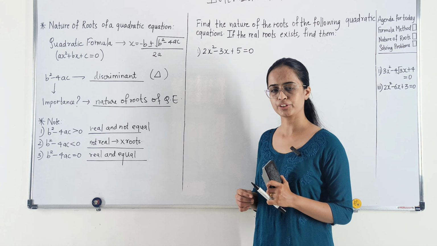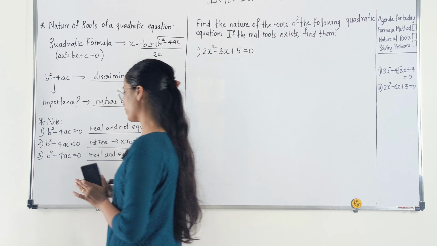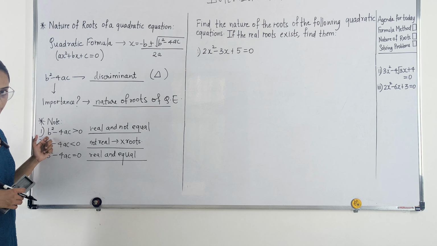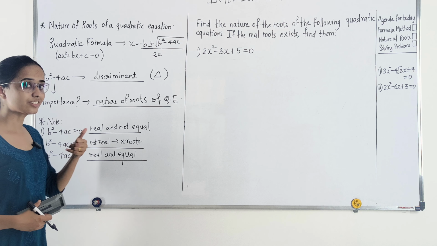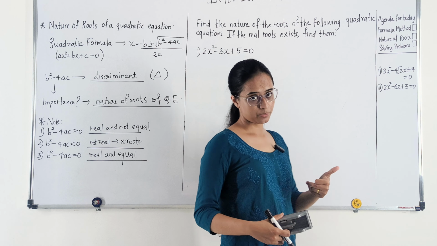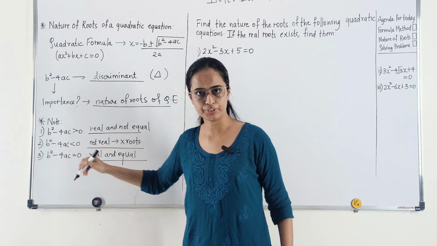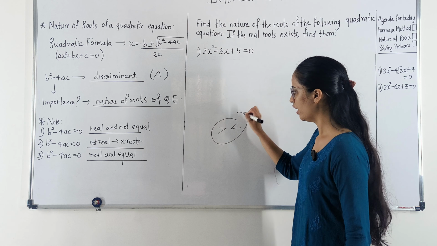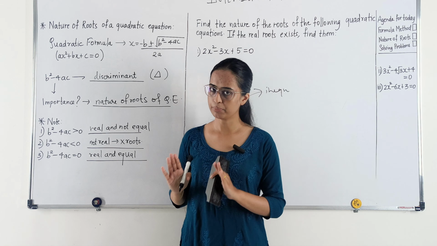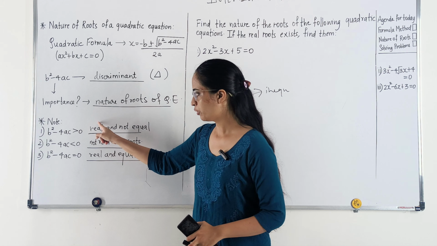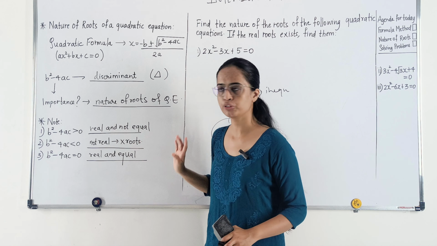This has got no logic, but just for the sake of remembering these three properties we can remember it like this. If the discriminant is greater than 0, meaning the value of b square minus 4ac is greater than 0, it means it is positive. So if a person is positive, it means that the person is real. And is there an equal to here? No, this is an inequality. We all know that if greater than or less than comes, then these are basically inequalities. So if a person is positive then the person is real. So if the discriminant is positive then the roots are real, and here there is an inequality, so the roots are not equal.